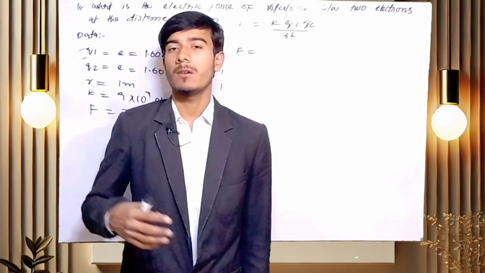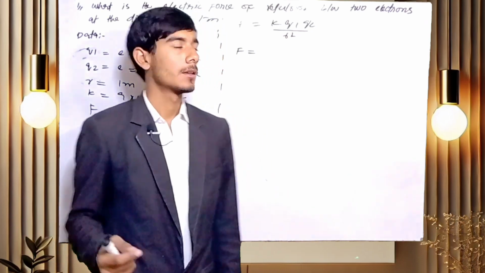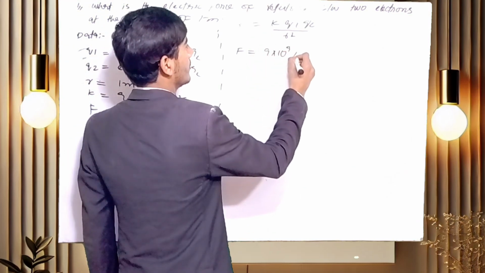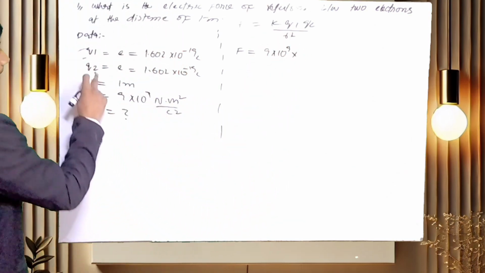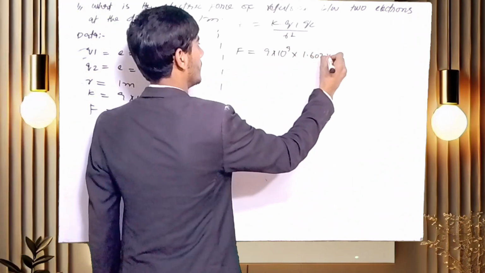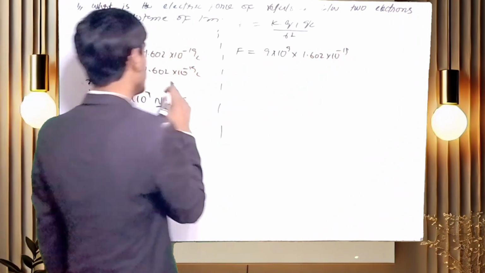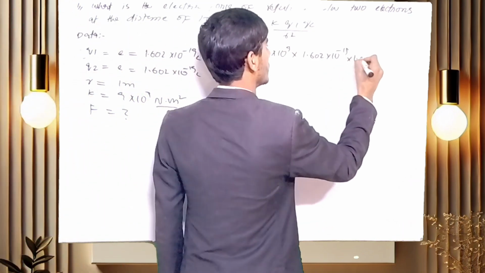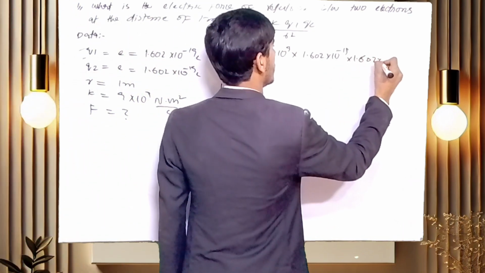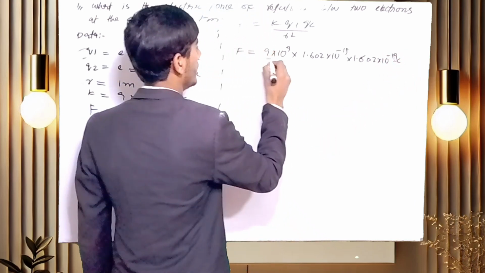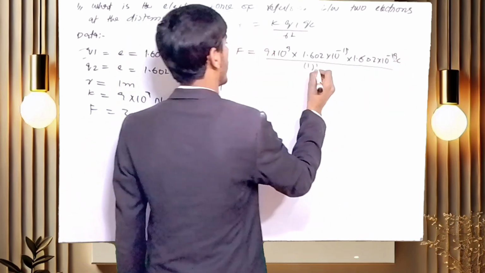If you don't know, you can watch the lectures. So K is equal to 9 into 10 power 9, and Q1 is equal to 1.602 into 10 power minus 19 coulomb, and Q2 is also the same as Q1. So 1.602 into 10 power minus 19 coulomb, divided by 1 square.